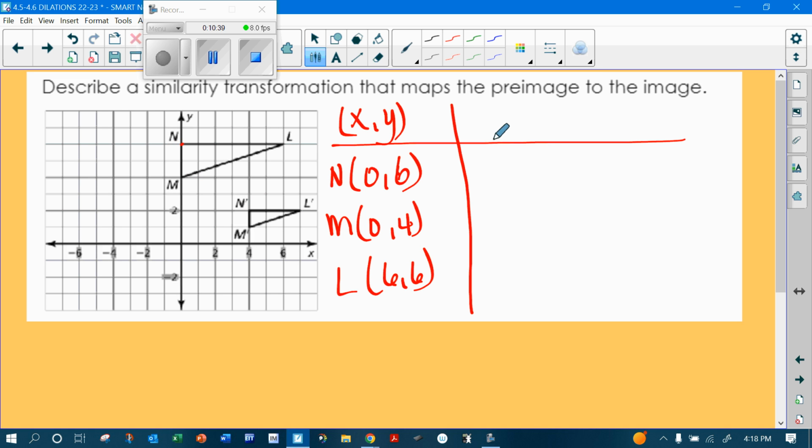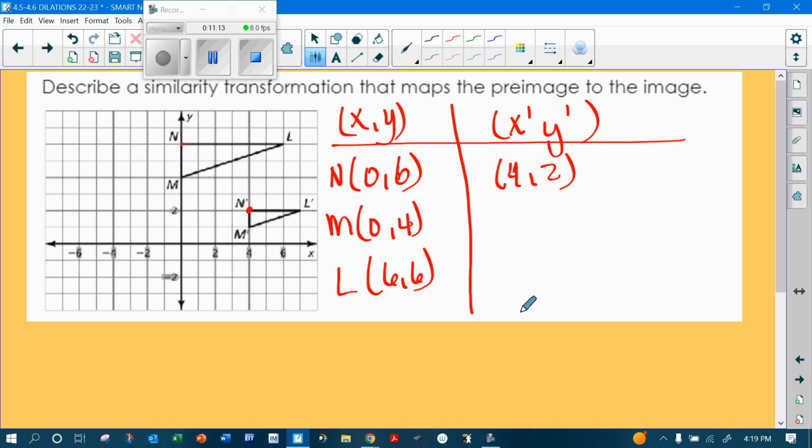All right, and then if we look at our X prime, Y prime, N prime is at 4, 2. L prime is at 7, 2.